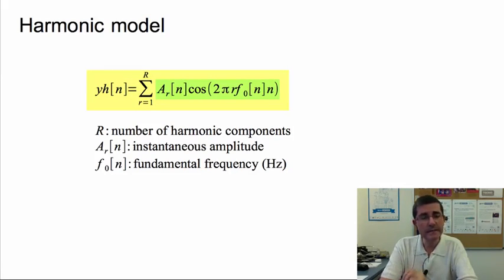But here the frequency is not f sub r, where we would allow any frequency for any sinusoid, but is r f sub 0. So that means that they are all multiples of f sub 0. Small r is an integer value, so it means that for different values of r, the sinusoids are either the fundamental frequency or any of its multiples.